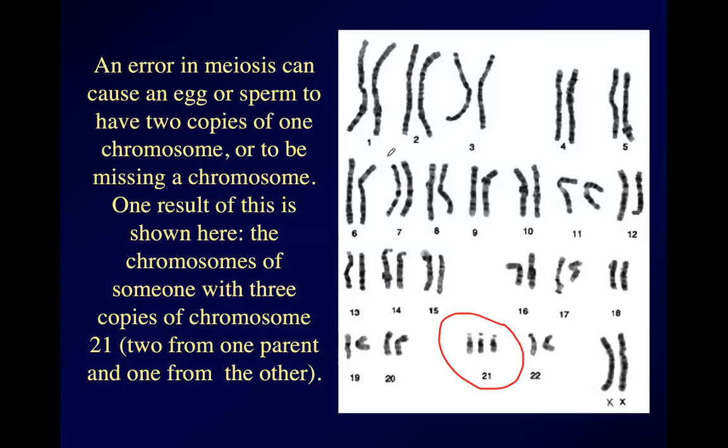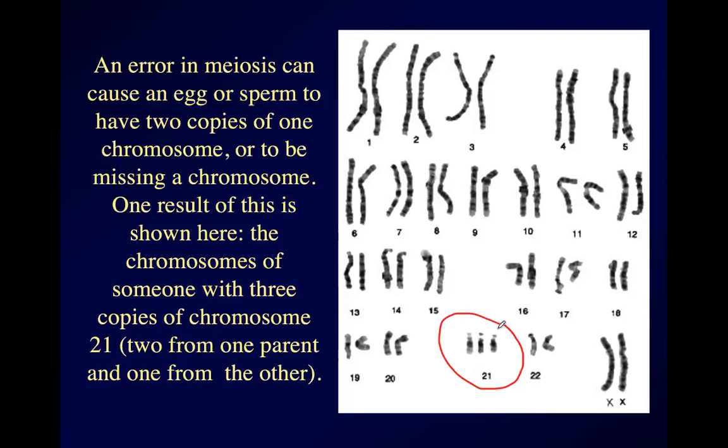The egg cell that gave rise to this person had 1 of each, and the sperm cell had 1 of each, except either the egg or the sperm, it doesn't really matter which, happened to be packing 2 copies of chromosome 21. So this person ended up inheriting 3 copies of chromosome 21, 2 from one parent and 1 from the other. And the reason I'm bringing this up is that people with 3 copies of chromosome 21 have a condition called Down syndrome.